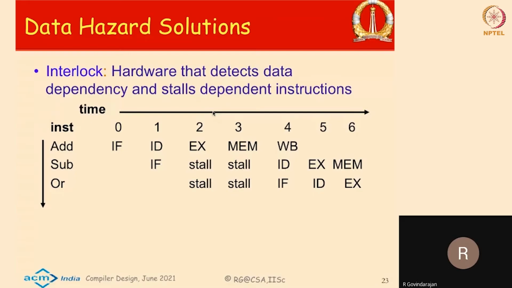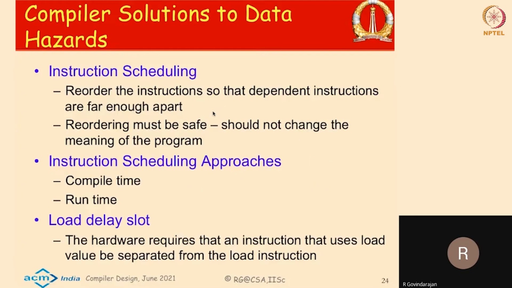And that would have been an acceptable solution. So from a compiler writer's point of view, one solution that we can give for data hazards is that as far as possible, try to move these dependent instructions further from the producer instructions, right?